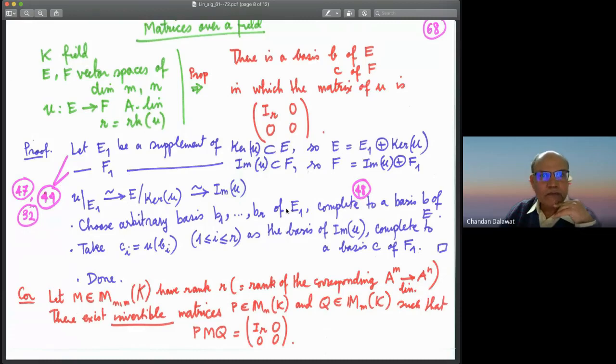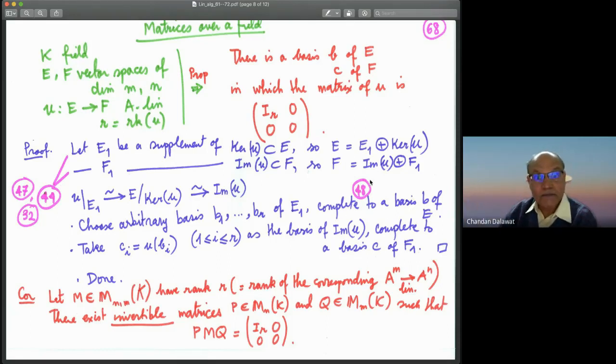The rank of the mapping U, so the dimension of the image, is R. And this E1 is isomorphic to the image of U, so the dimension of E1 is R. That's why I'm choosing a basis with R vectors in it, B1 to BR. Okay, let's choose such a basis of E1 and complete it to a basis of E.